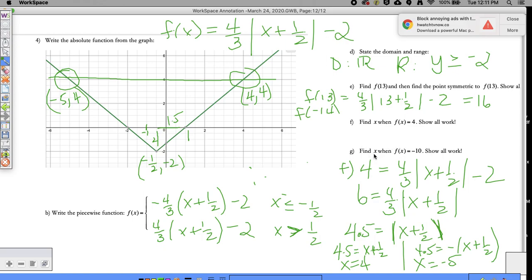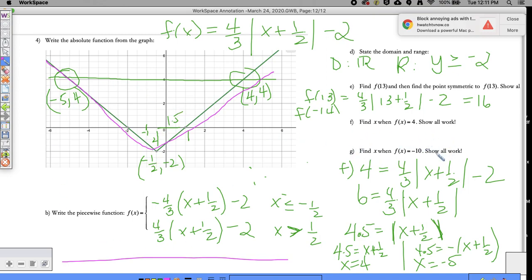Then I asked you to find x when f of x is equal to -10. So this is my graph, right? And it's asking me when the line at -10, which is like down here, intersects, and we can clearly see that it's not.